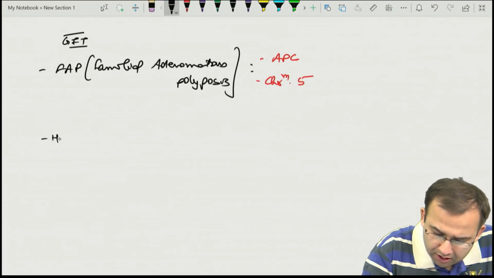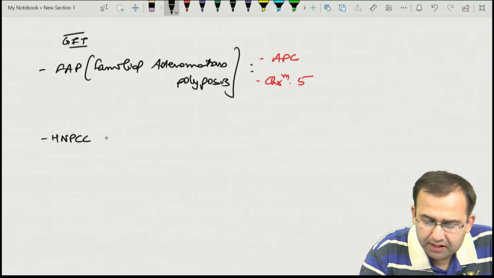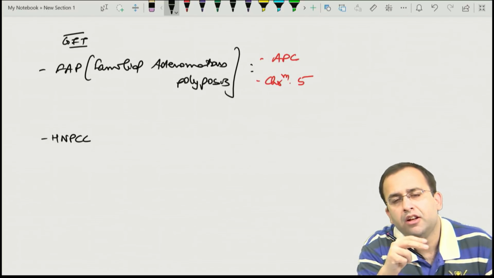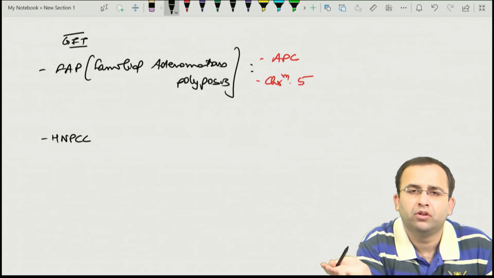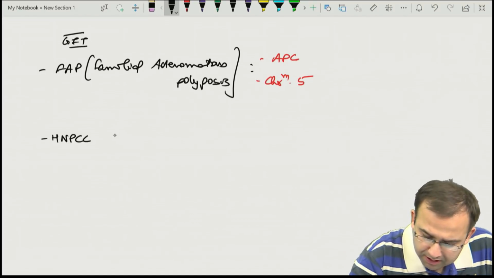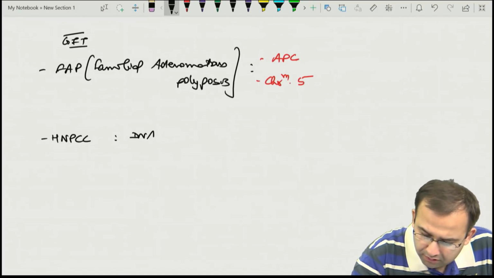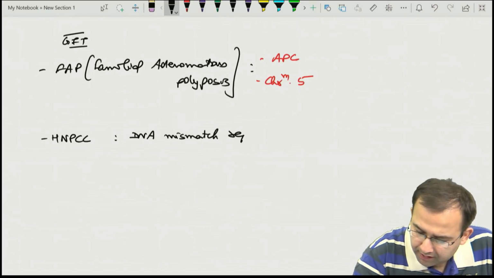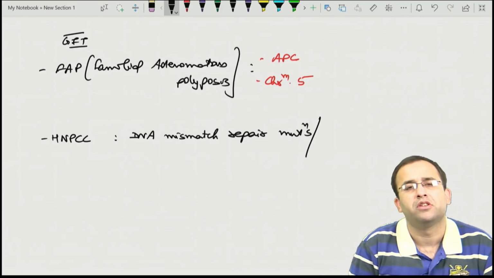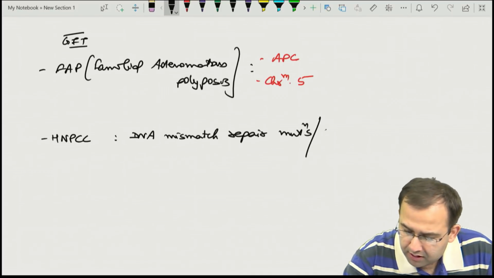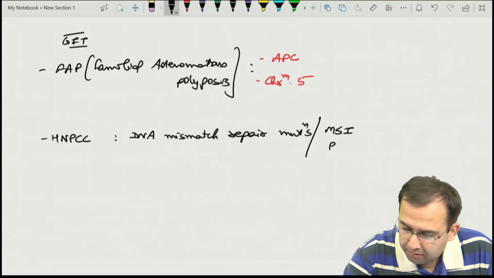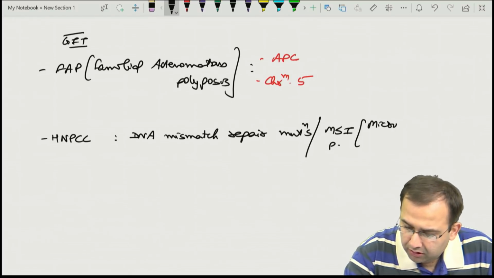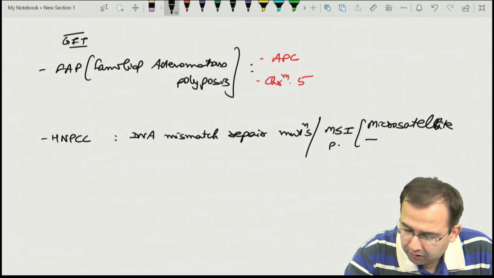HNPCC, hereditary non-polyposis colon cancer, associated with DNA mismatch repair mutations, or the mutations in the MSI pathway, that is the microsatellite instability pathway.